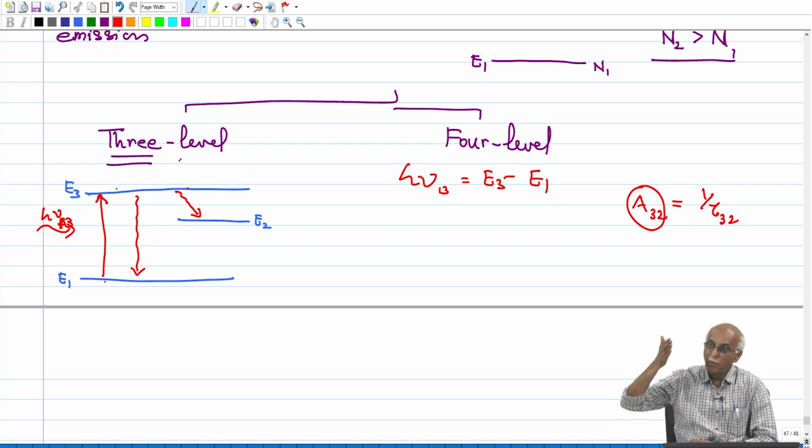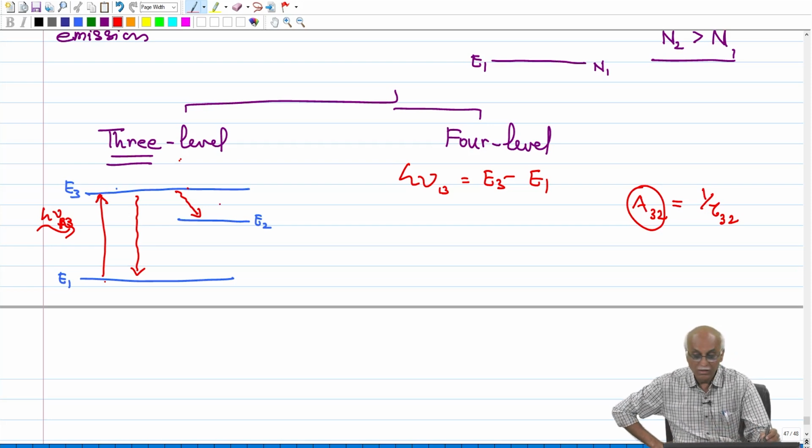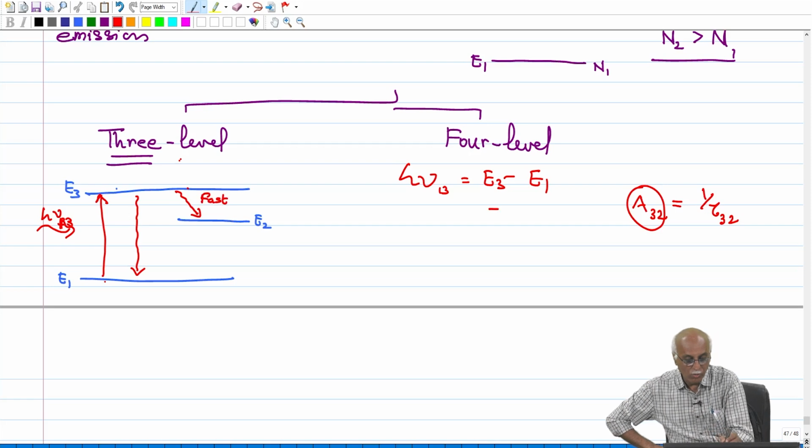The probability of occurrence of spontaneous emission from level 3 to level 1 will be very less. While this particular material has a characteristic such that 3 to 2 is fast, so tau 3 2 is quite small compared to tau 3 1.